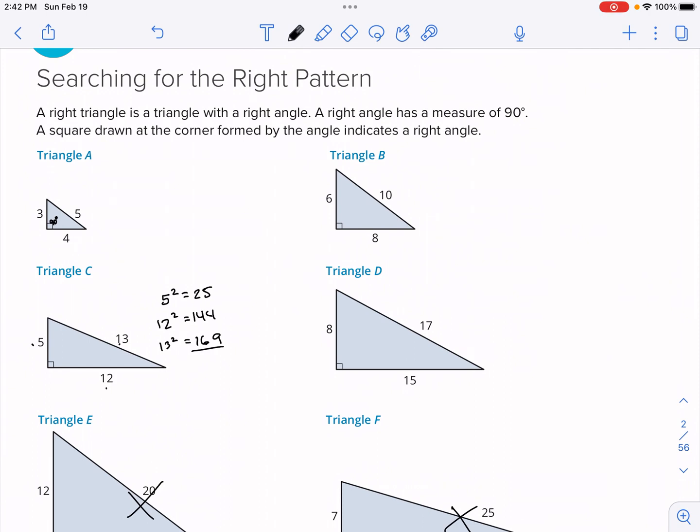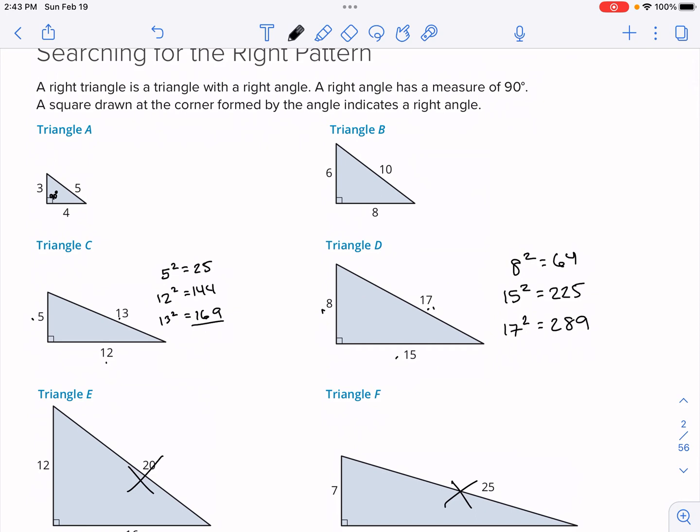And we'll end on triangle D: 8, 15, 17. 8 squared is 64. 15 squared, I don't think we have that on our list, but we can multiply 15 times 15, which is 225. And then 17 squared, 17 times 17, is 289.